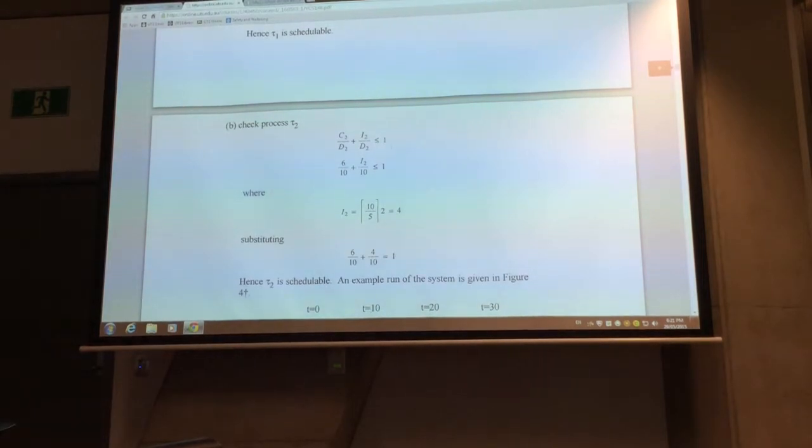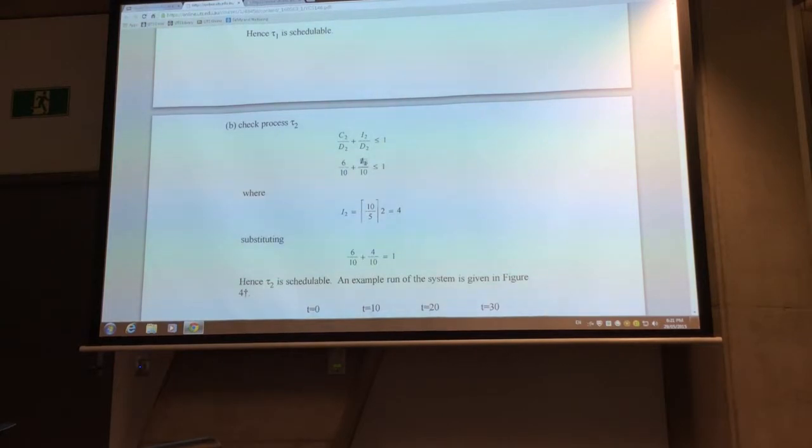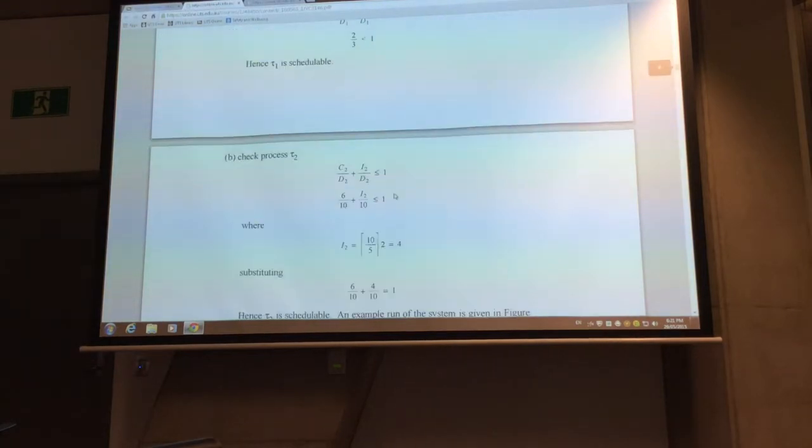And then we've got the interference factor for task 2 to evaluate in testing the schedulability for task 2. So we put the execution time for task 2 divided by the deadline for task 2, plus the interference factor for task 2 divided by the deadline for task 2. We evaluate the interference factor for task 2. And it is, as we saw over here, the deadline for task 2 divided by the period for task 1, the ceiling of that multiplied by the execution time for task 1.